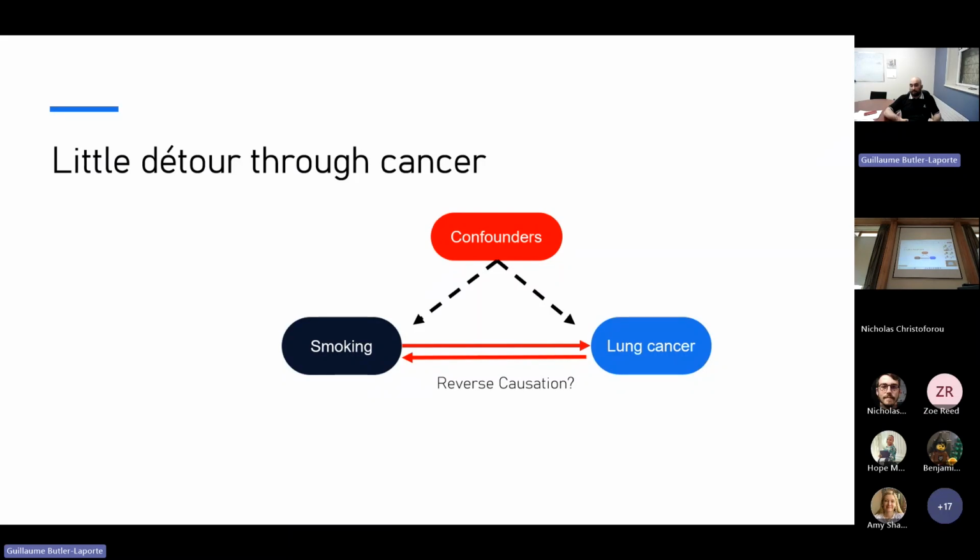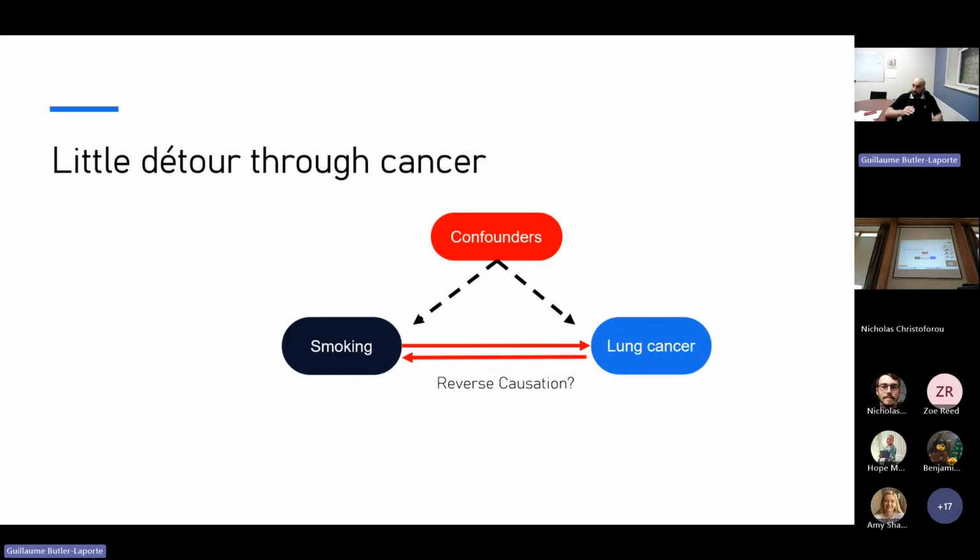Regarding confounders for smoking and lung cancer, as for everything in epidemiology, socioeconomic status is probably the major confounder. Unfortunately, if you're poorer, this is associated with more smoking and also with more lung cancer. So maybe it's just socioeconomic status that explains this.